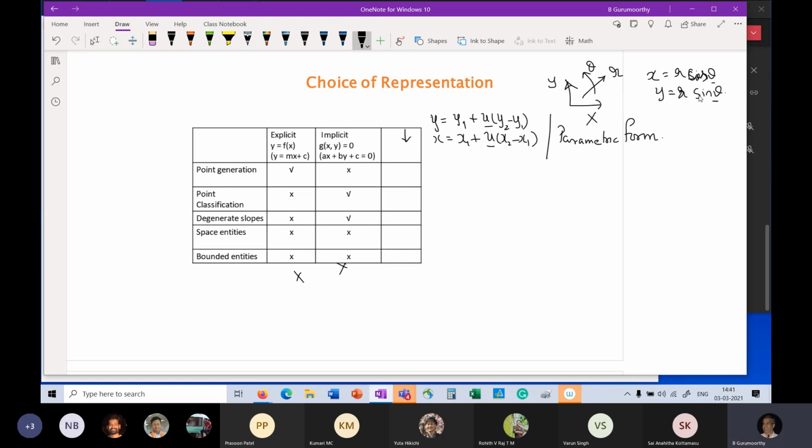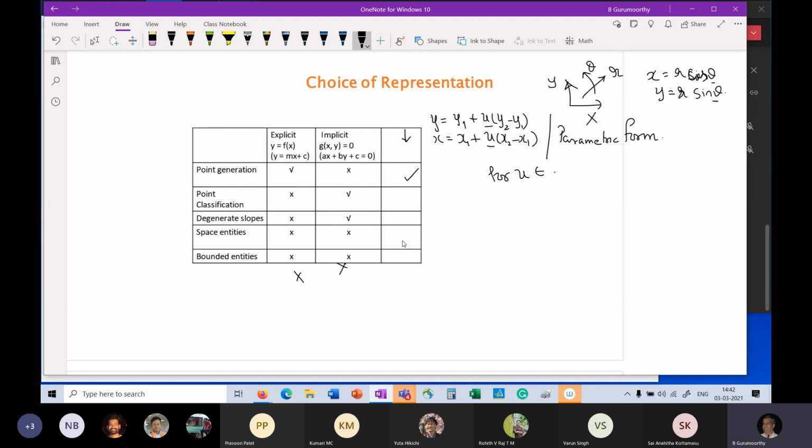Let's quickly see how it fares against each of the criteria that we had listed. Point generation: clearly, it is as good as the explicit one, because all you need to do is have a single for loop in u, and you're done. You don't have to do anything else. So that's a tick.